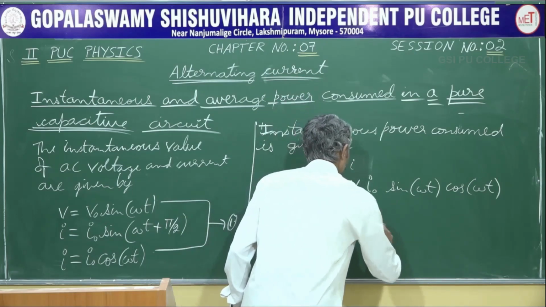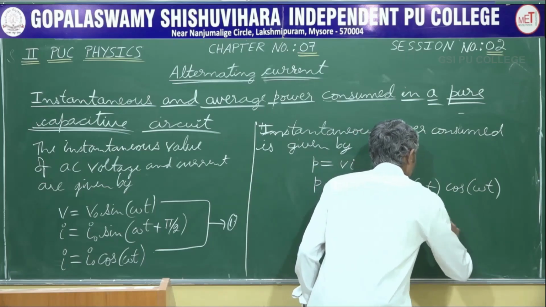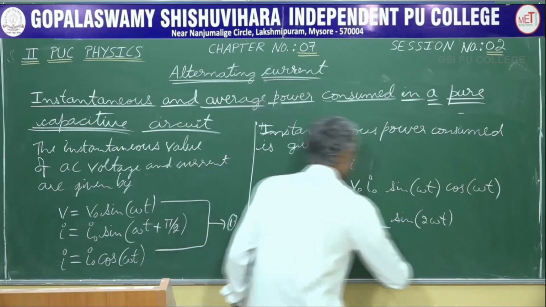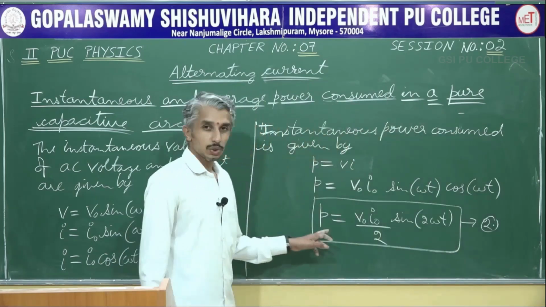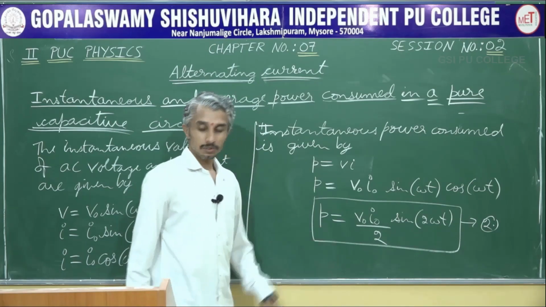You can write it as V naught I naught by 2 into sin of 2 omega t. So, the equation 2 here represents the instantaneous power consumed in a pure capacitive circuit.